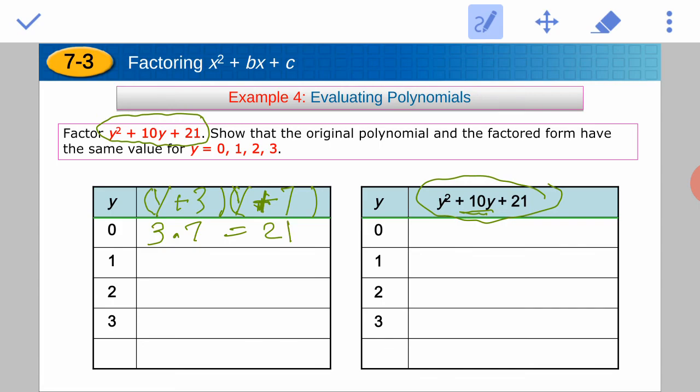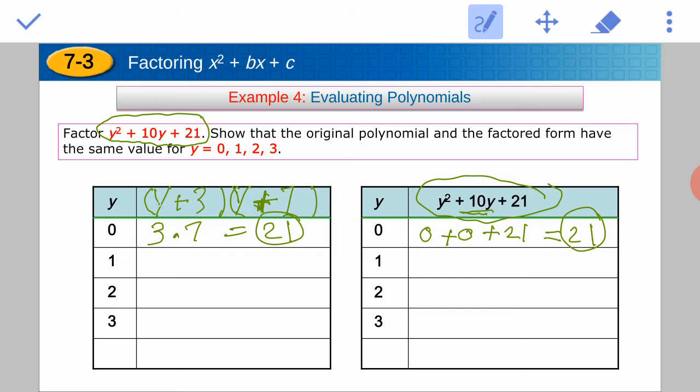When you substitute 0 in the original, 0 squared is 0, 10 times 0 is 0, plus 21 gives 21. Same answer, as expected, because the polynomial form and the factored form are equivalent. They are the same.